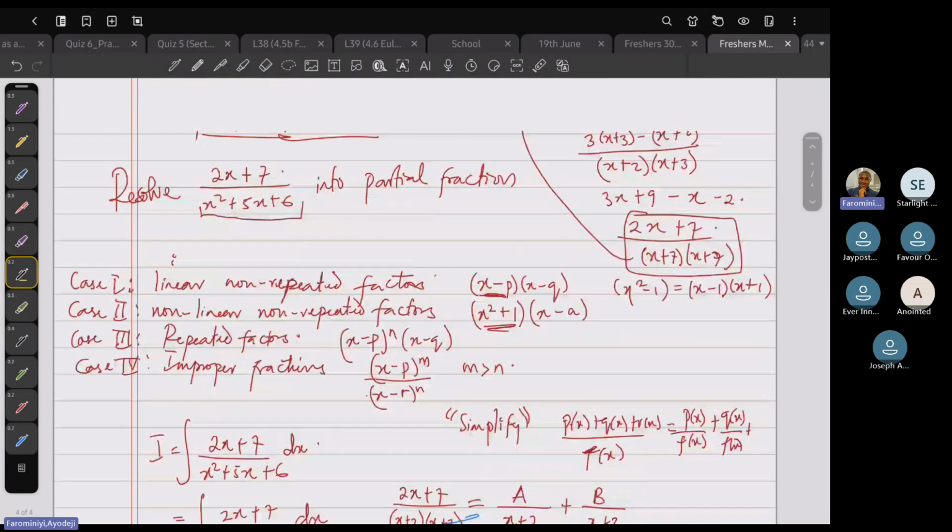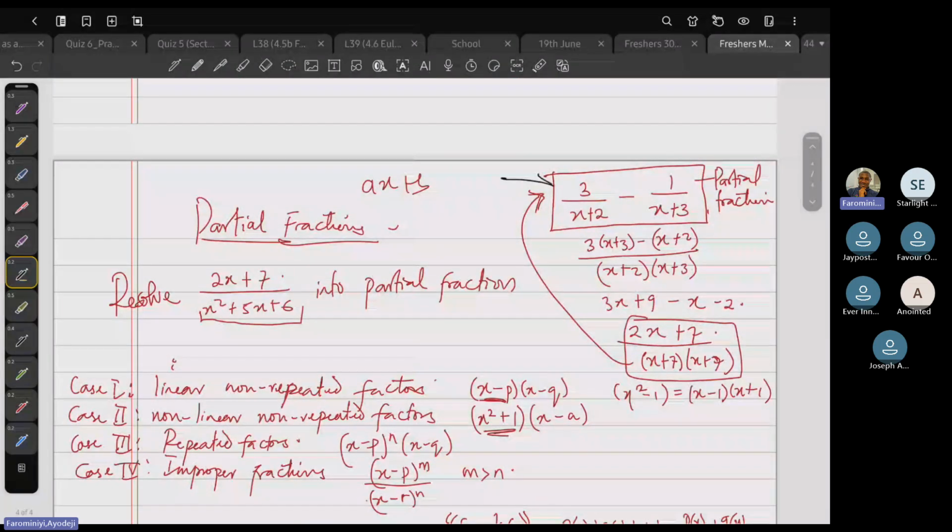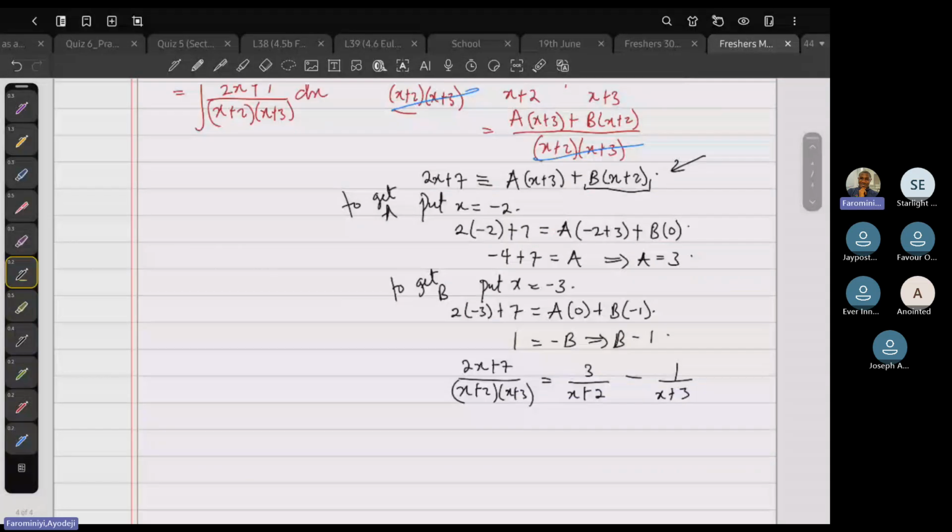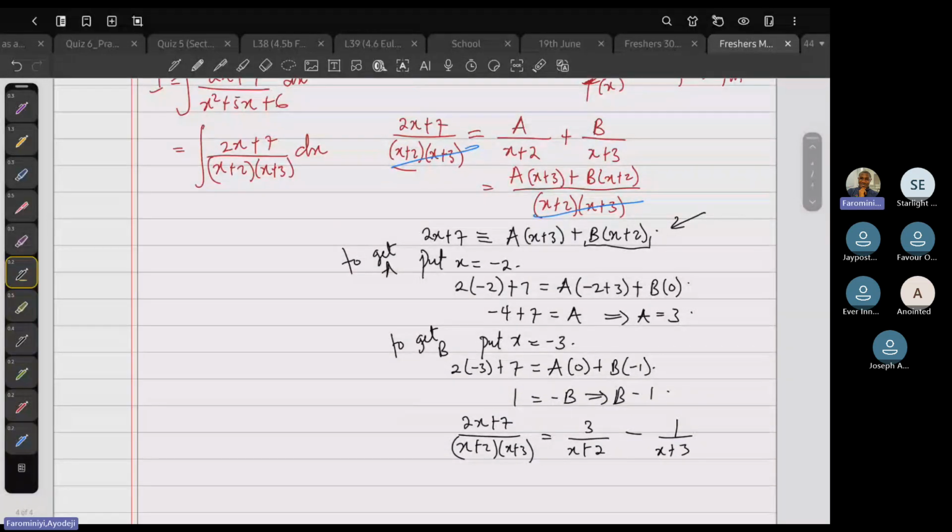And let's see if that is exactly what we started with. That is exactly what we started with. So it means that this integrand is equal to 3 over x plus 2 minus 1 over x plus 3, dx.